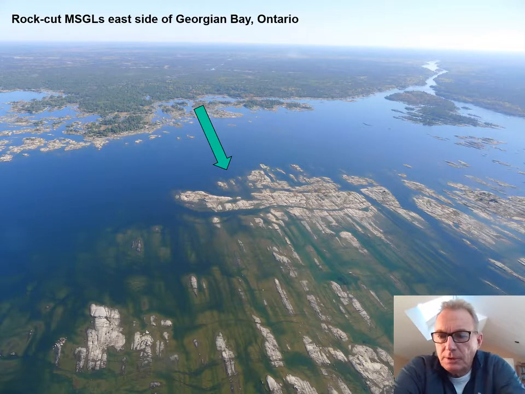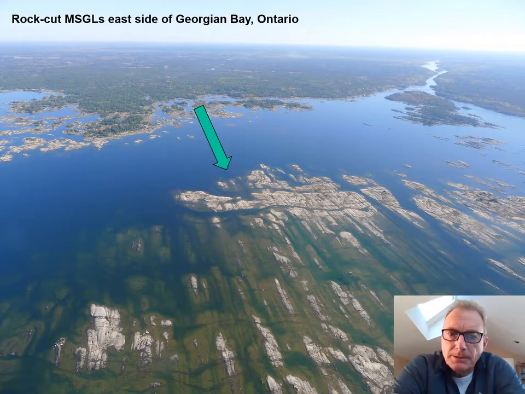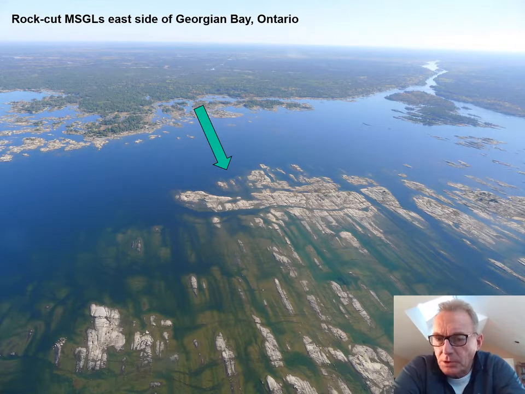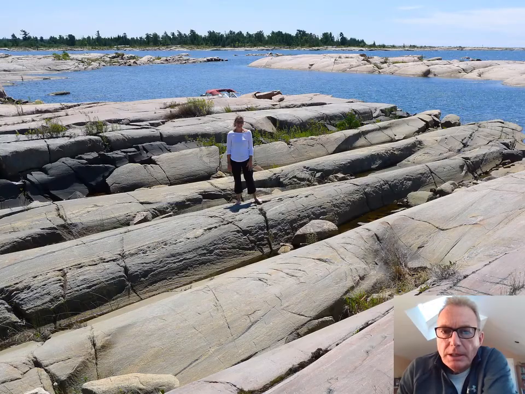This is the east side of Georgian Bay, just south of the Key River area, and you can see nicely grooved surfaces cut not on sediment, but these are very old hard rocks of the Canadian Shield, about 1 billion years old. And again, we are now recognizing these all the way across Canada and building up a much more detailed picture of the last ice sheet.